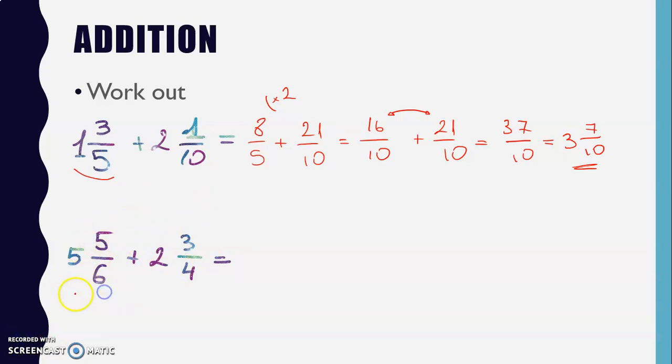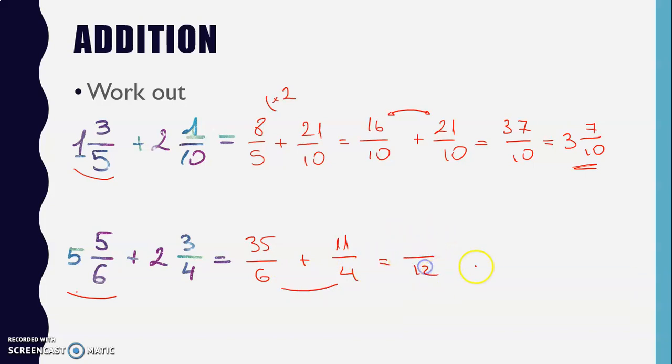As I said before, we first have to convert the mixed numbers to improper fractions. This is 35 over 6 plus 2 times 4, 8, plus 3, 11, 11 over 4. Now the lowest common multiple between 6 and 4 is 12.